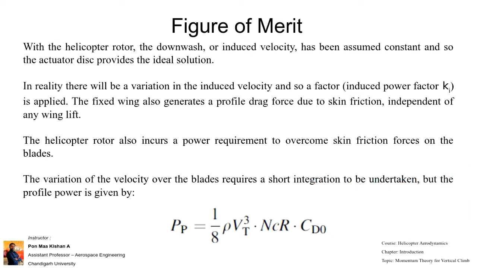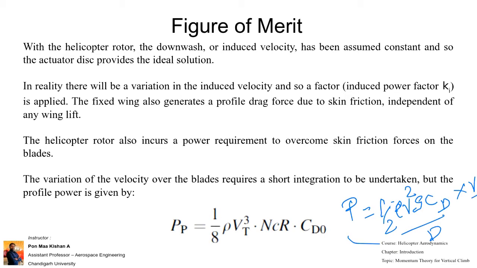So power is equal to half rho v square S CD multiplied by velocity, because this is force, this is velocity. So we can write it as v cube.